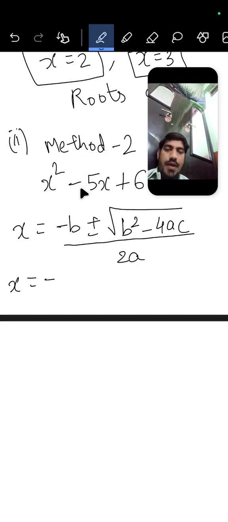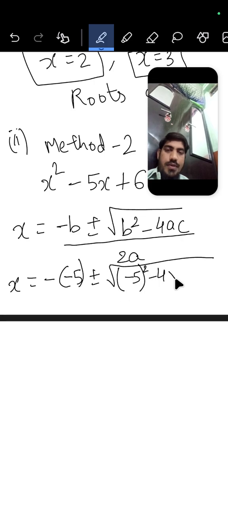So the value of b is negative 5, so minus of minus 5 plus or minus square root of minus 5 square minus 4ac. So a is 1 and c is 6, divided by 2a. A is 1.